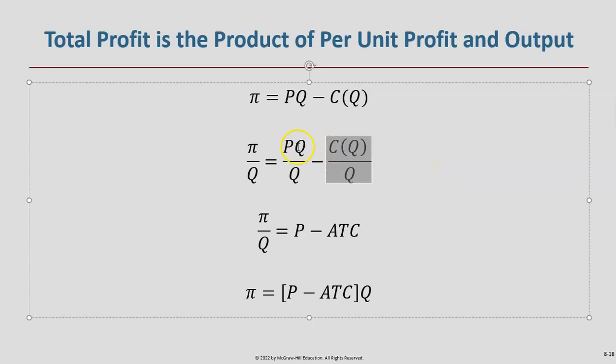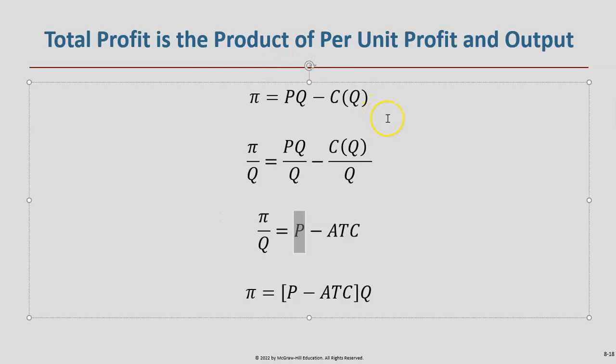Okay, so revenue per unit, or average revenue, is equal to price. And notice that marginal revenue is also equal to price in a competitive market structure. So marginal revenue equals average revenue in a competitive market structure.